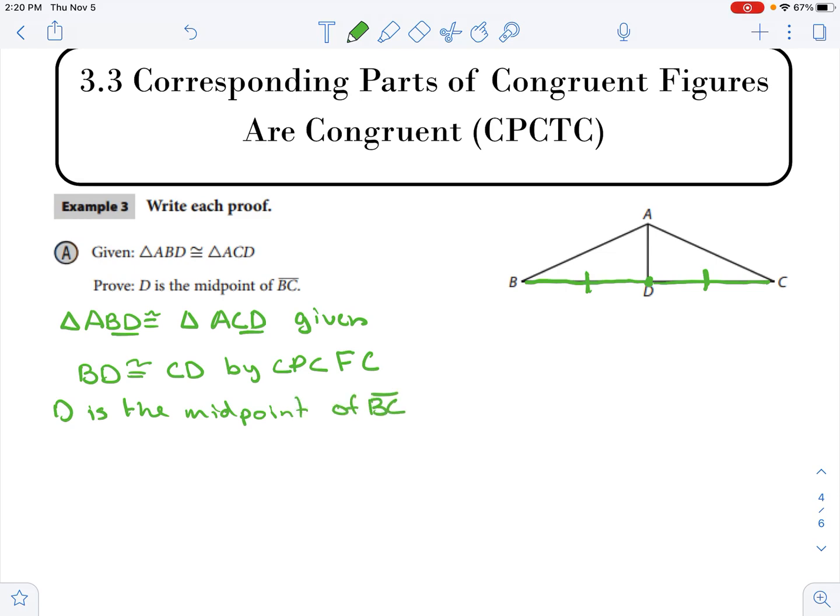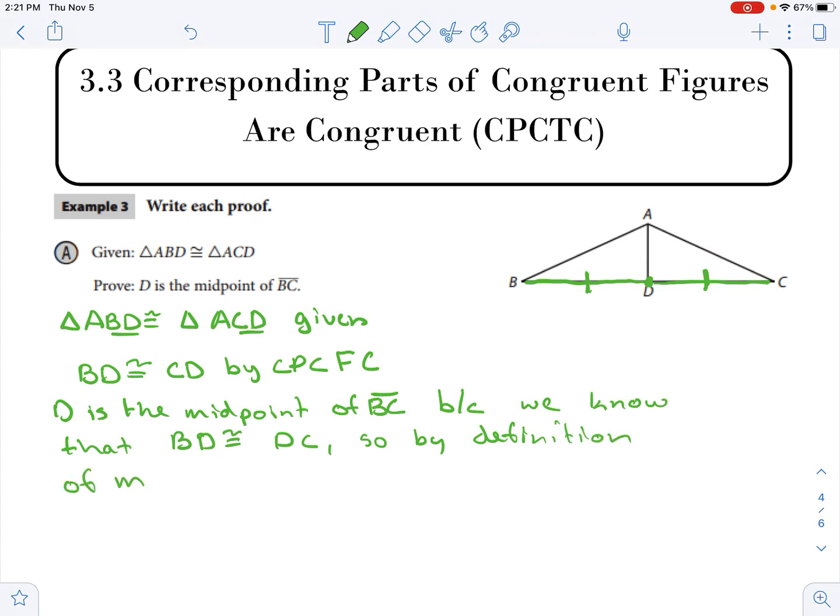And you could say because we know that BD is congruent to DC, we could say by definition of midpoint, midpoint means to be in the middle. D is the midpoint.